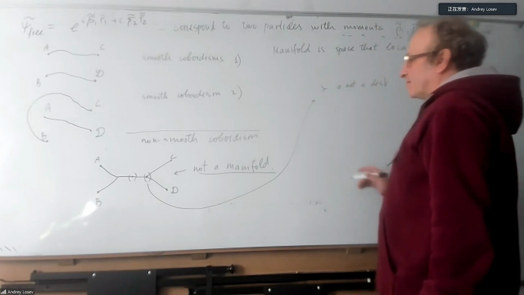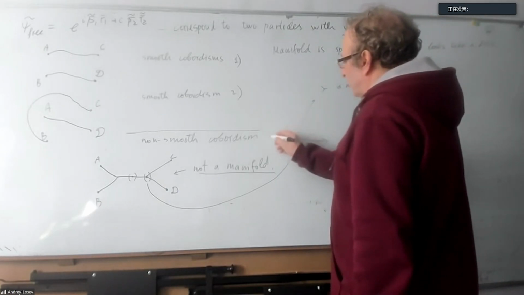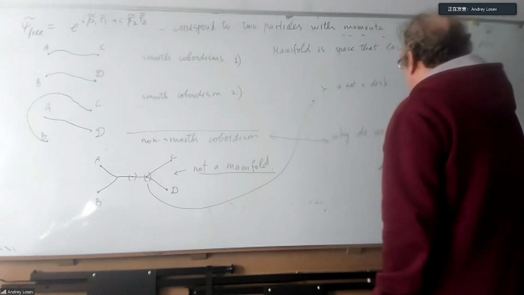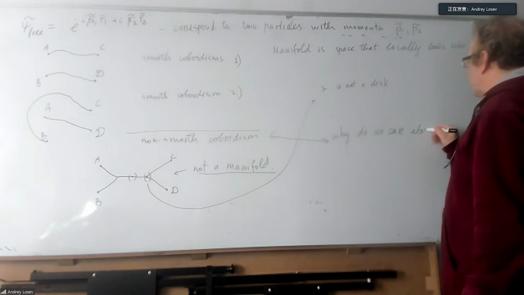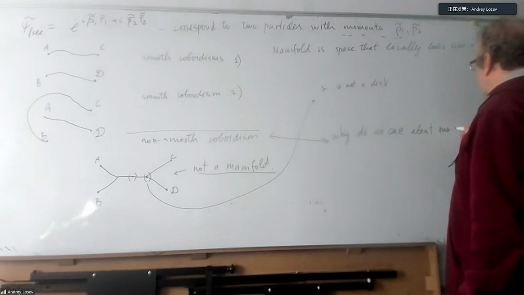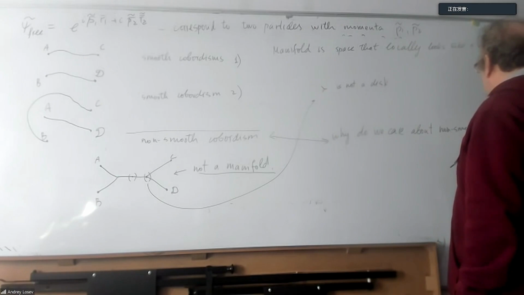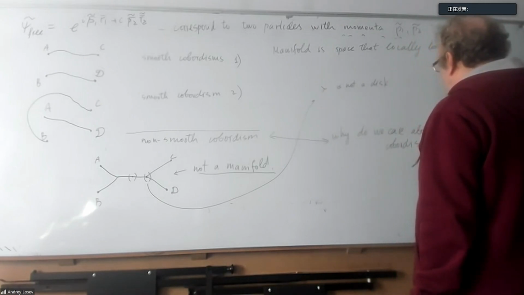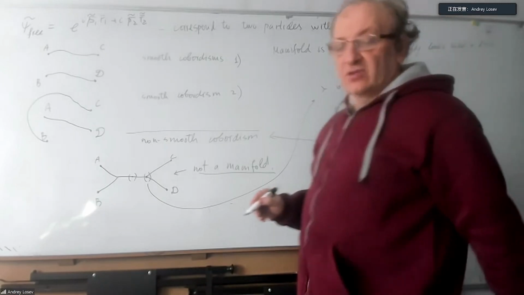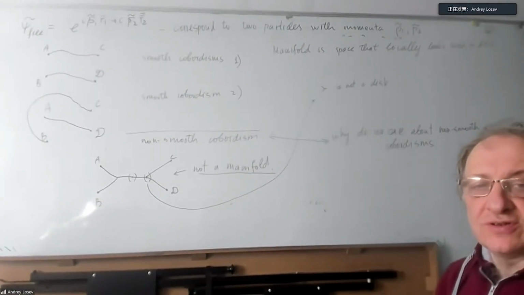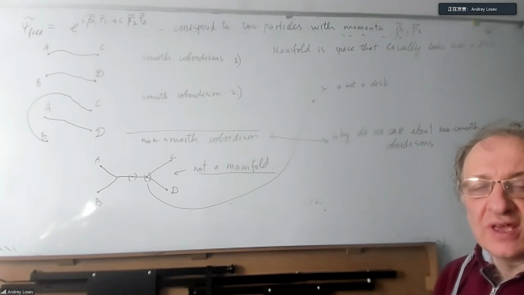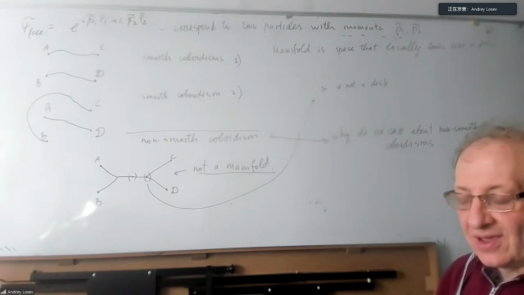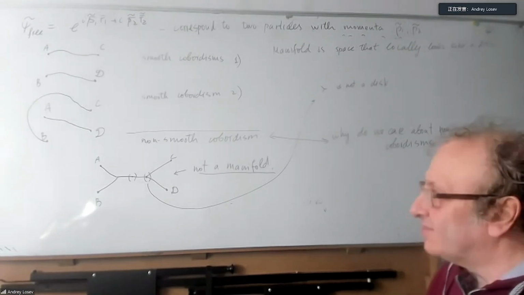So then you may ask, why do we care about non-smooth cobordisms? You may say that, look, there are many pathologies in the world. Why should we care about this pathology? Okay? And there is a reason why.